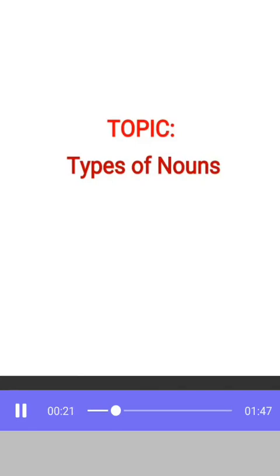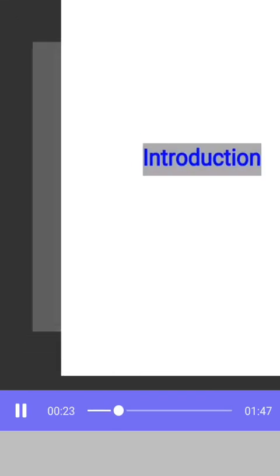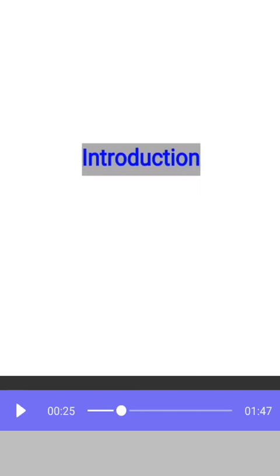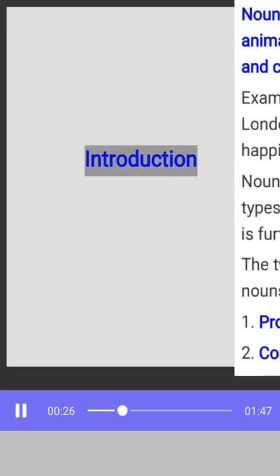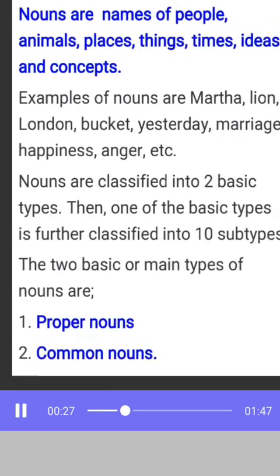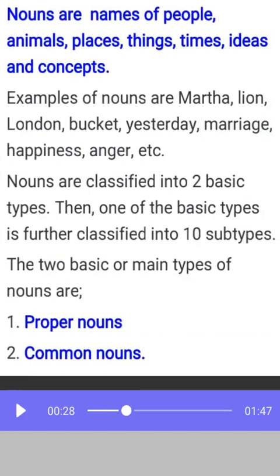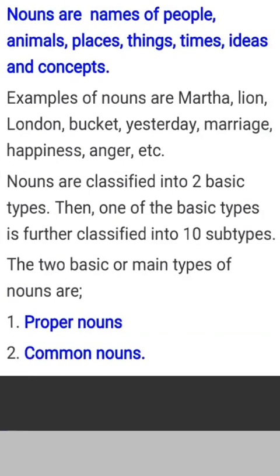And so let's kick off right away as we engage the introduction of the lesson that will remind us of what nouns are, and then usher us into the classification and theory. Let's see what we have on the introductory slide. Like you can see on this slide, nouns are names of people, animals, places, things, times, ideas, and concepts.